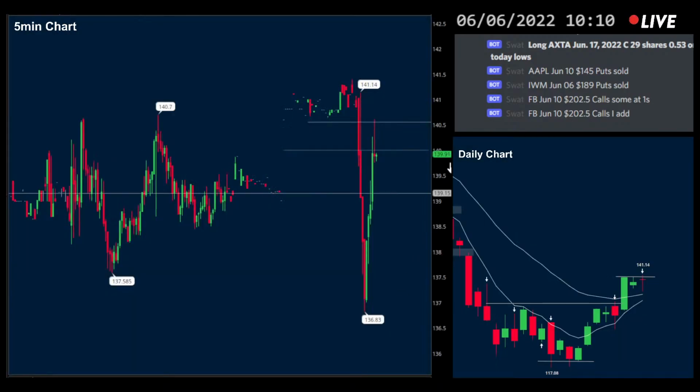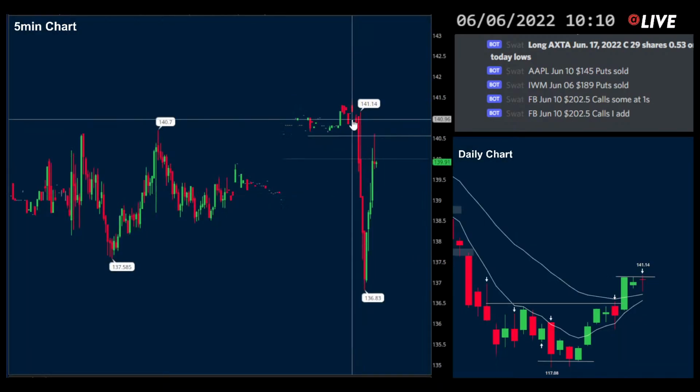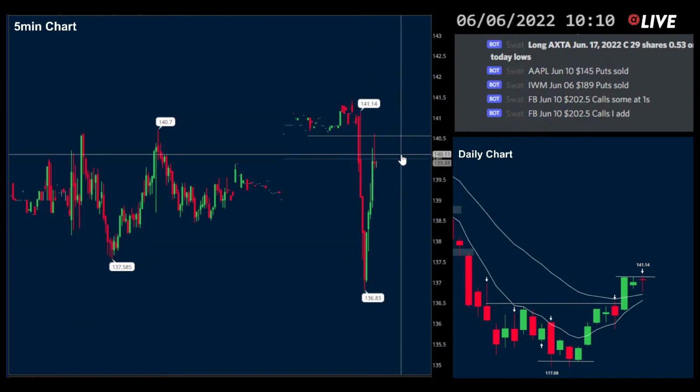Boeing, no clue what the hell happened on Boeing, but basically big downside just to bounce once again.